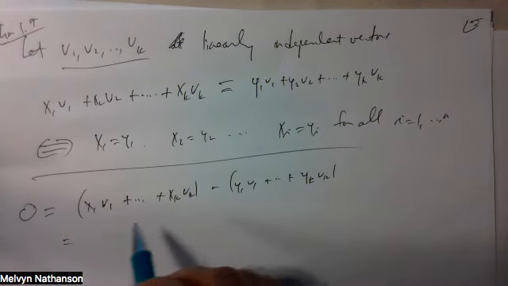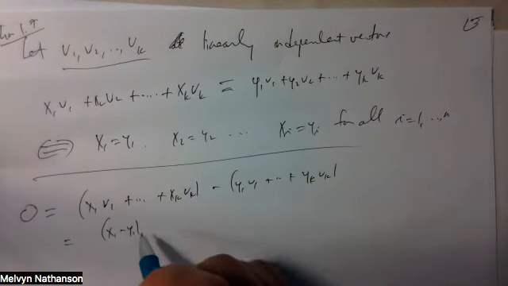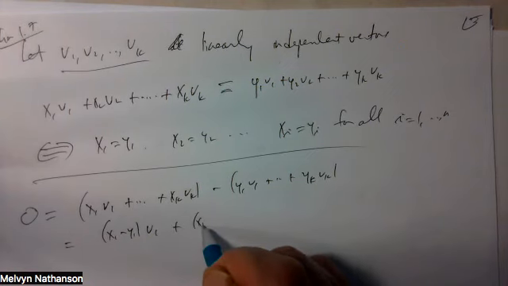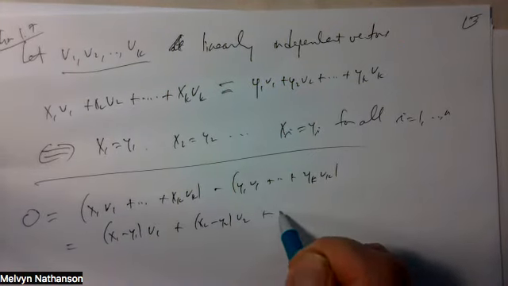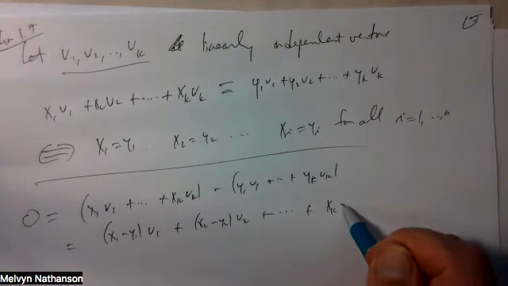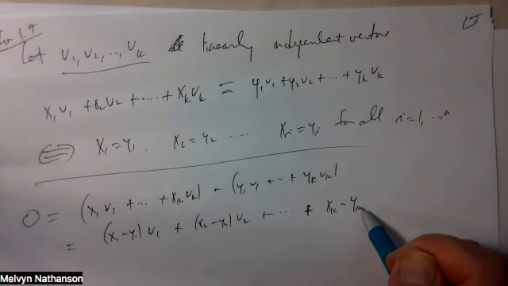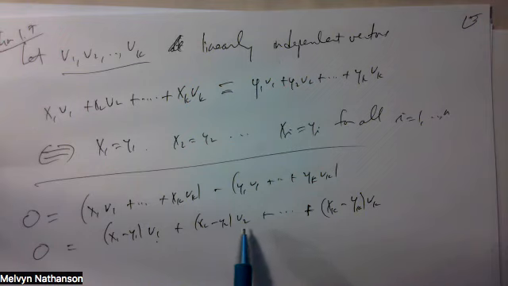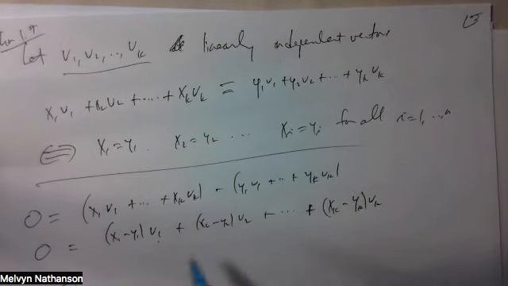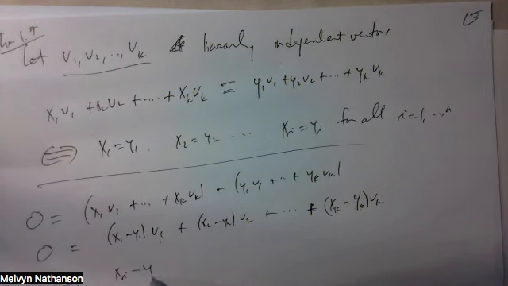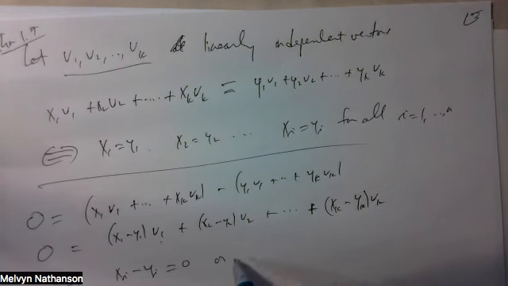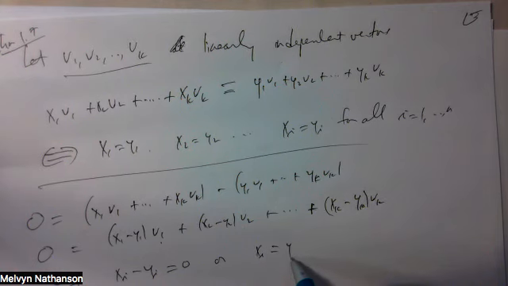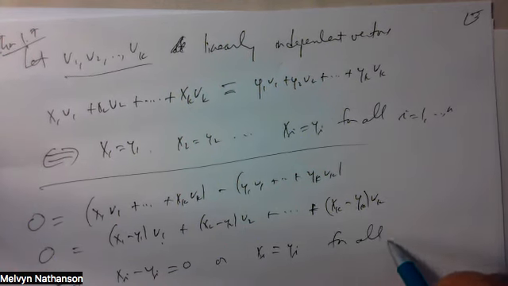But if I just rearrange this, this is x1 minus y1 times v1, plus x2 minus y2 times v2, and so forth, up to xk minus yk times vk. So this linear combination of the vectors v1 up to vk is 0, and so all of these coefficients have to be 0. xi minus yi equals 0, or equivalently, xi equals yi for all i.